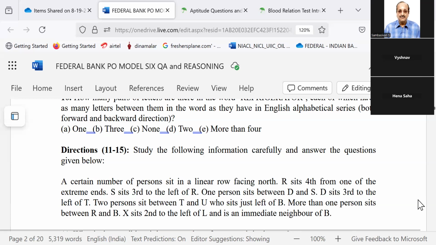So you have to draw like this. Your starting point is this: R sits fourth from one of the extreme ends.